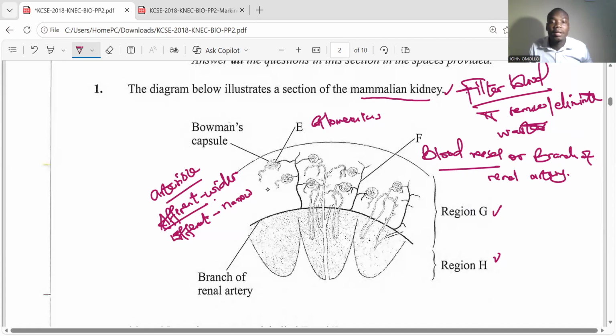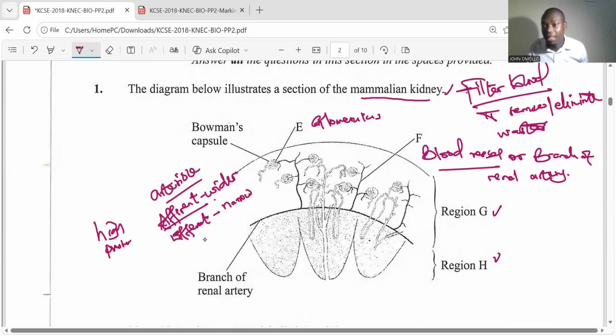So being that the blood enters the glomerulus, it enters with high pressure inside the glomerulus. Remember, the afferent arteriole is the one that is wide as compared to the efferent arteriole. Why is it wider?